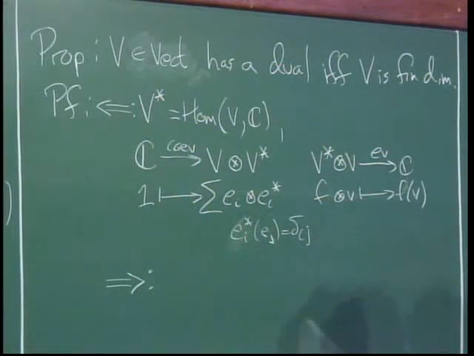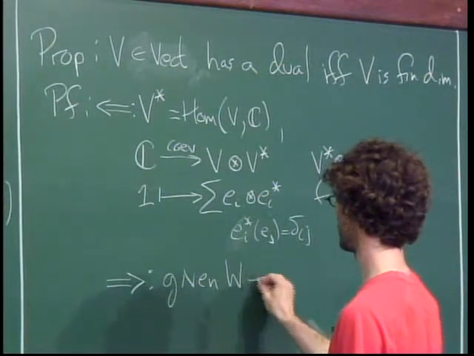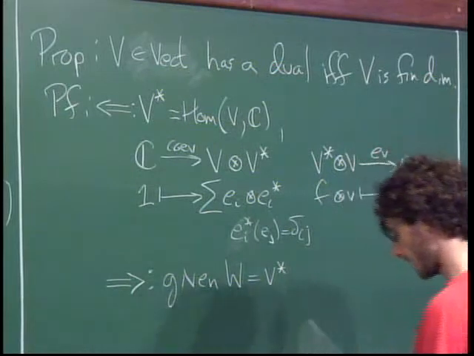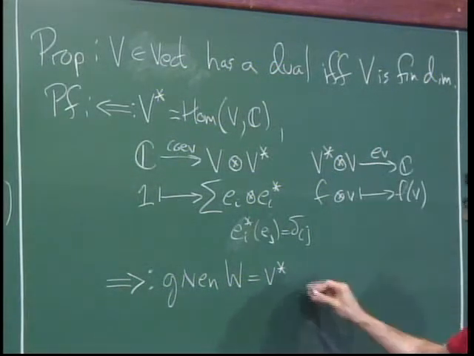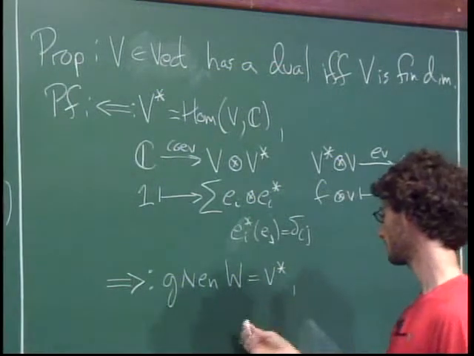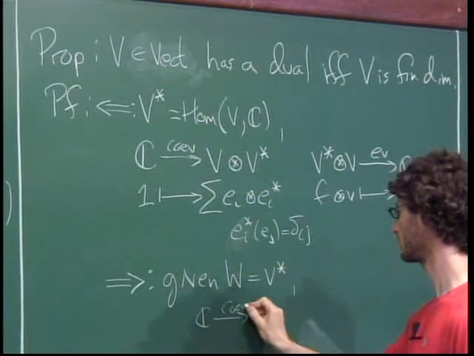So now we're given a dual. Let's write it down. We're given the dual together with its co-evaluation map.